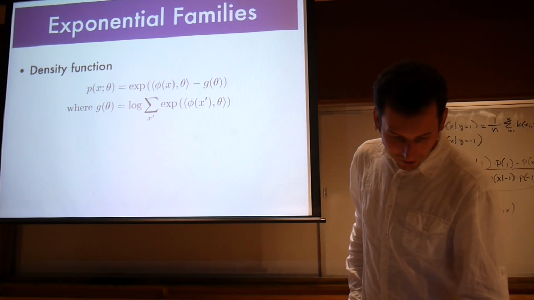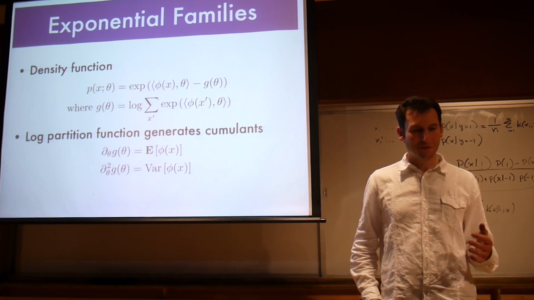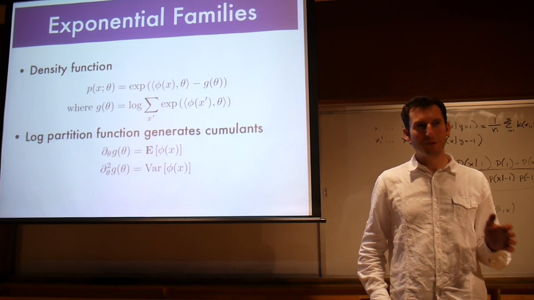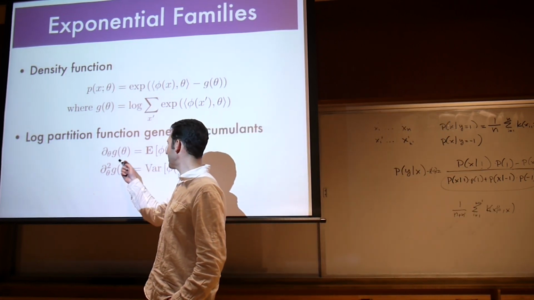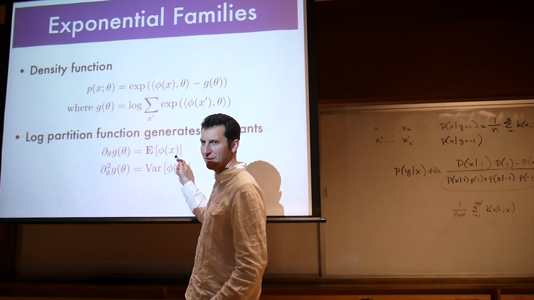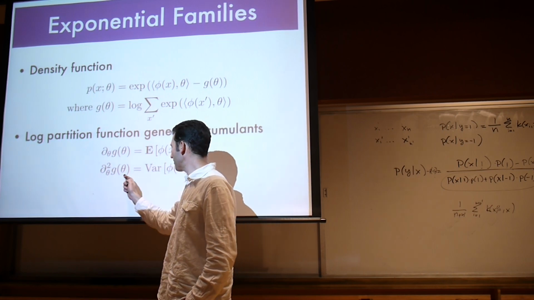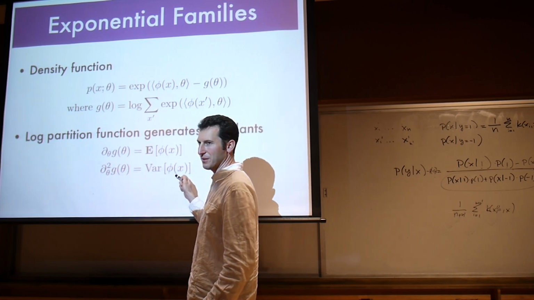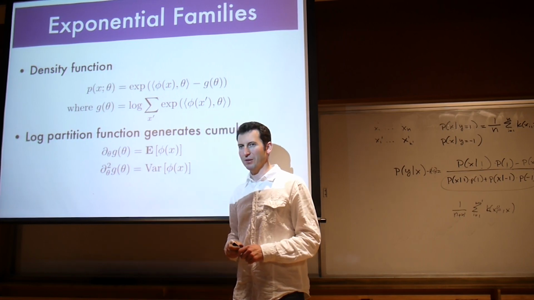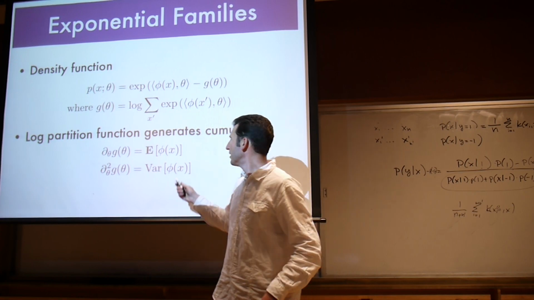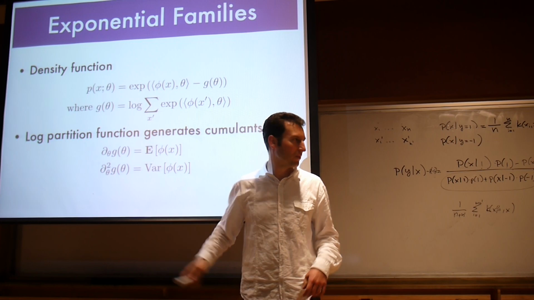One of the reasons why people really like this is that the derivatives of this function g give you a lot of information. For instance, the first derivative gives you the expectation of phi of x. These things are sometimes called the sufficient statistics of that distribution. The second derivative gives you the variance. There's a nice paper by Peter Orbanz who shows that this is a nice universal approach if I pick the right set of functions.